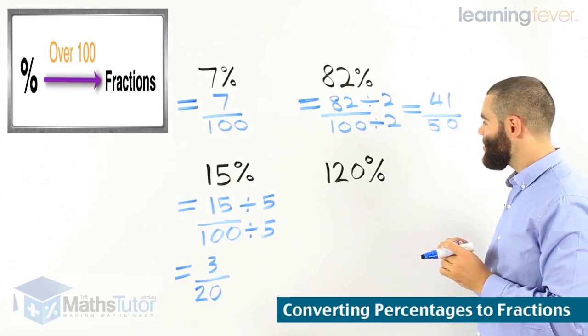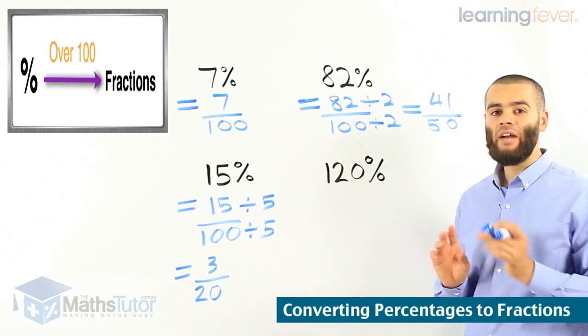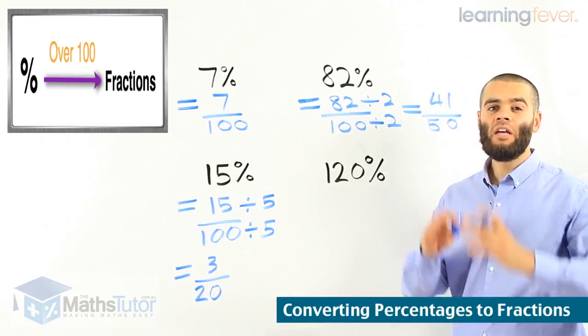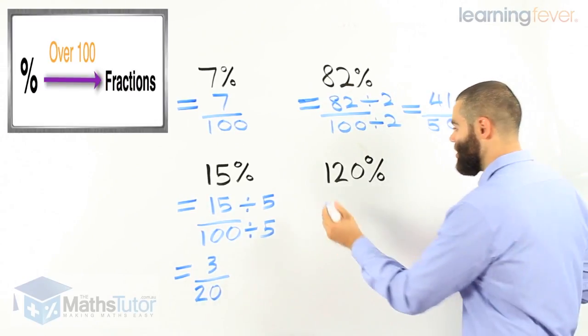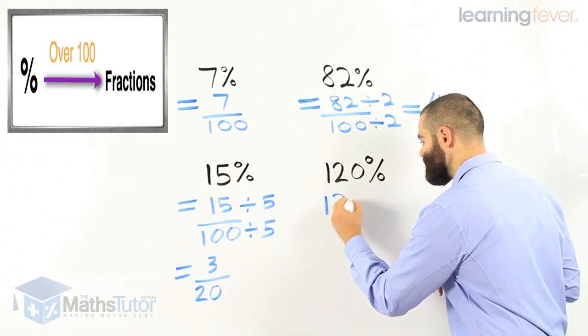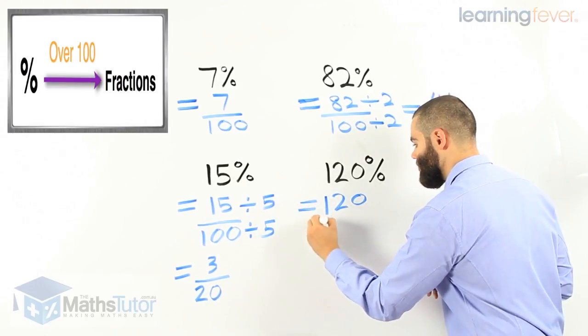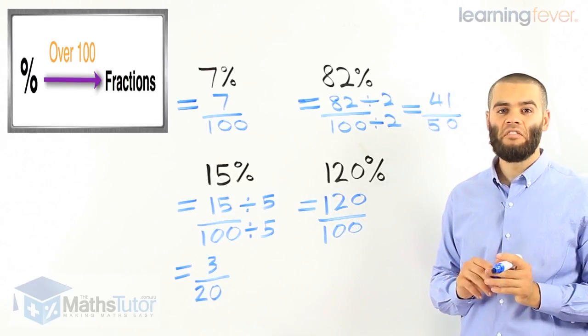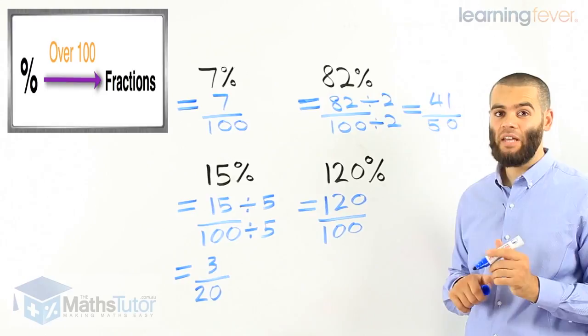Last example, for changing percentages to fractions, 120%, meaning 120 out of 100. So 120 out of 100. What do you notice? We can simplify it. Yes, we can.